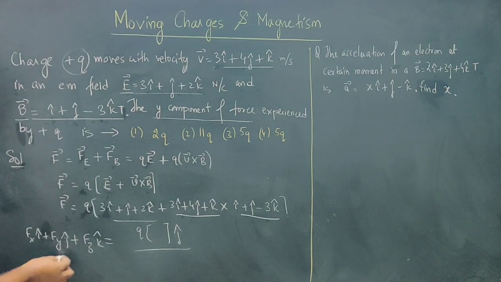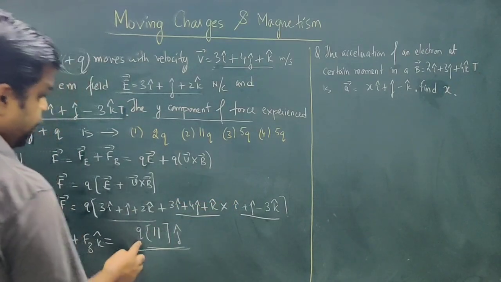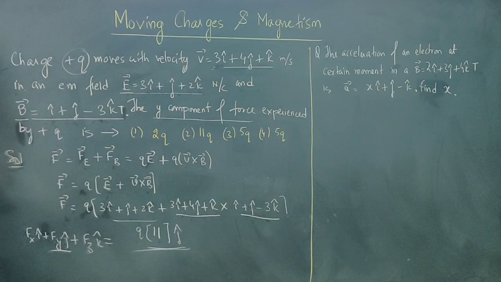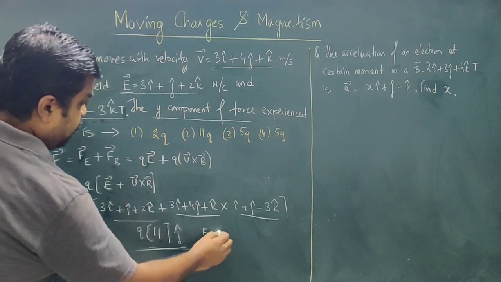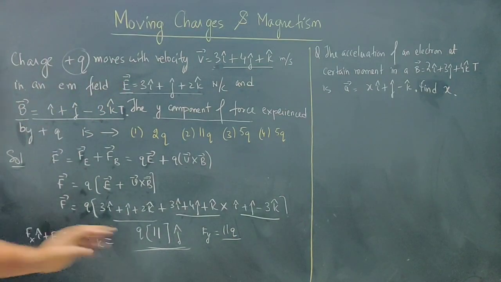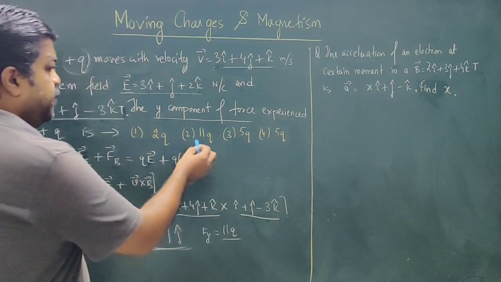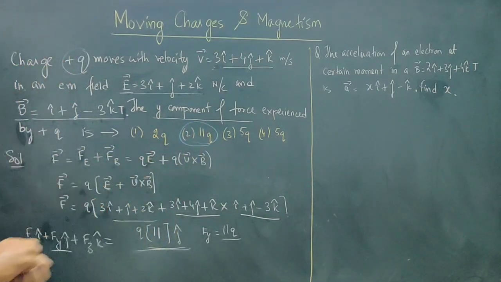So y component of force means you have to equate the j cap term. If you simplify this, here you will get 11q j cap. So if we equate, Fy is equal to 11q. So that means 11q is the y component of the force. So among the given options, option 2 is the correct answer.